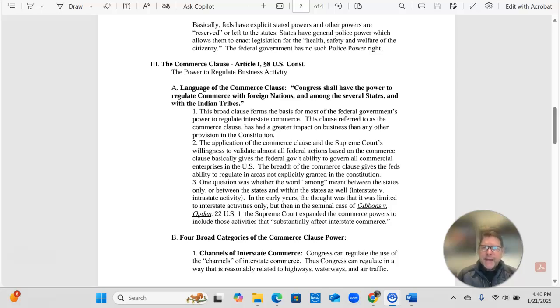As I said, if the federal government can find this connection to commerce, there has not been a Supreme Court invalidation of a federal statute when the federal government argues that they have the power under the Commerce Clause. The only one so far is the Gun-Free School Zone Act. So this language has really created a significant power for the federal government as it relates to enacting legislation and applying it to the states.